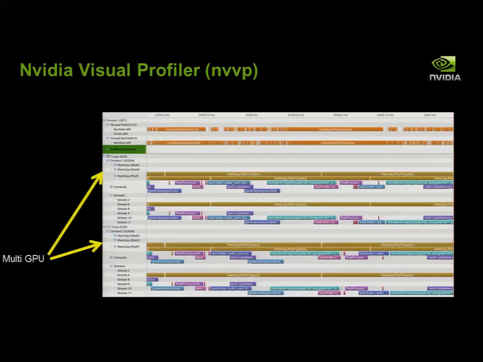All that matters is that you have the right version. You need to have CUDA 5.5 NVVP. Once you have that on your local workstation, then you can read the profiles that were generated with nvprof on the 5.5.